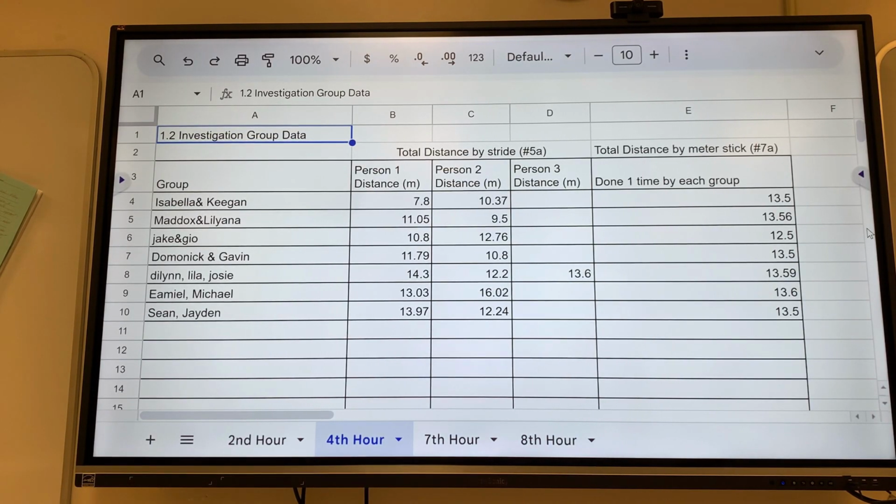And I watched. Groups would end here, groups would end here. There was all sorts of different, like, crossing the finish line kind of things, but nobody did a fraction of a stride. So what would that cause? An inaccuracy, an error.